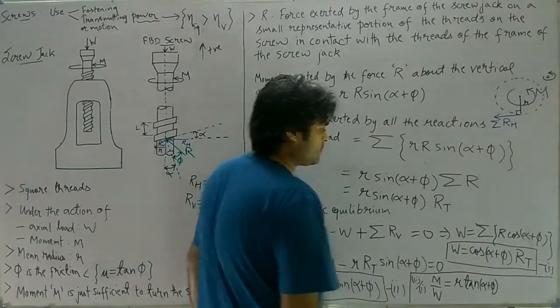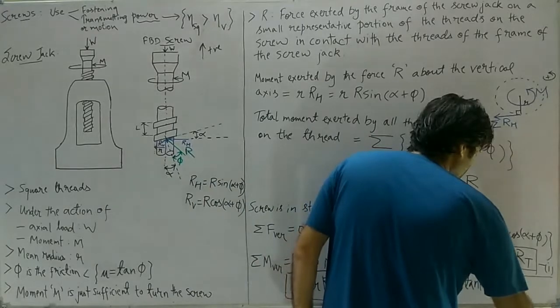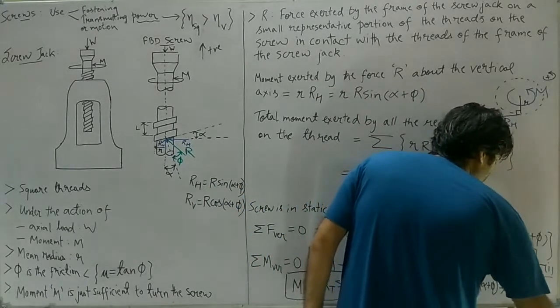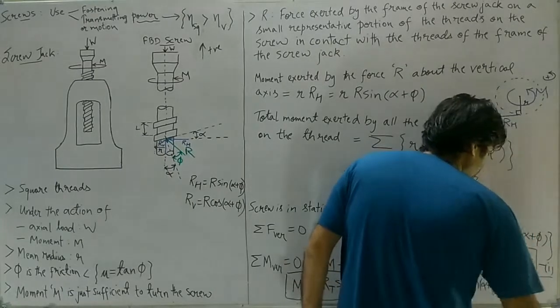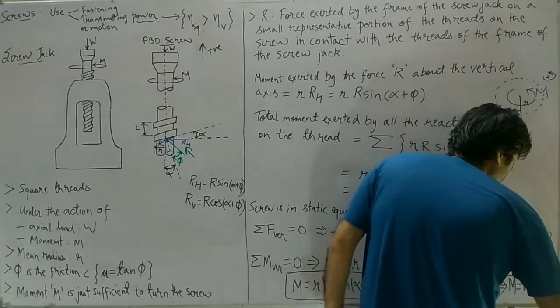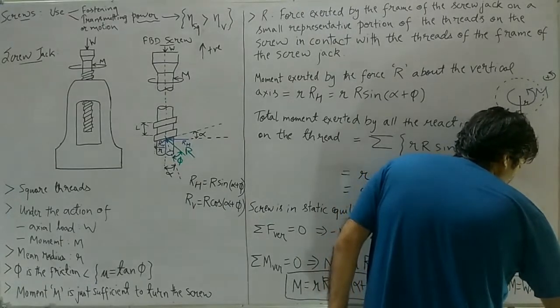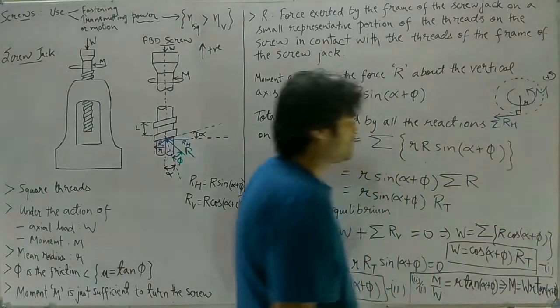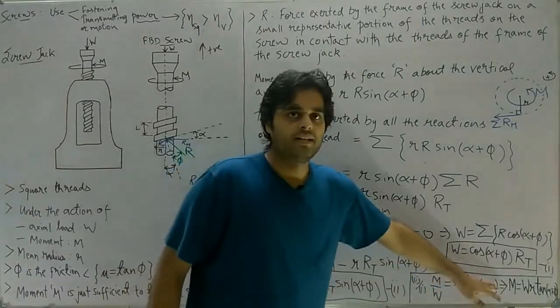So this implies that the moment M is equal to W into small r tan(alpha plus phi). Okay, so we are done here.